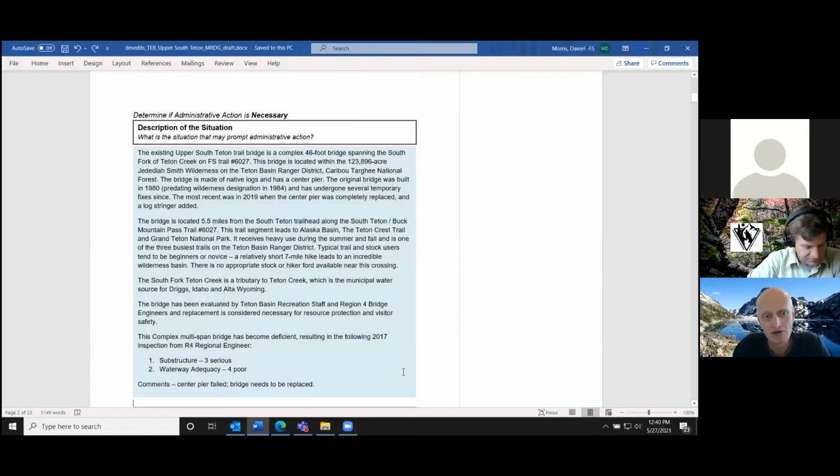Step one, like Dan went over, is the action necessary. And they did a pretty good job with this one. They used a similar project on the neighboring forest as kind of a template, which is always great. You don't need to reinvent the wheel on these, but do make sure it is specific to your project.